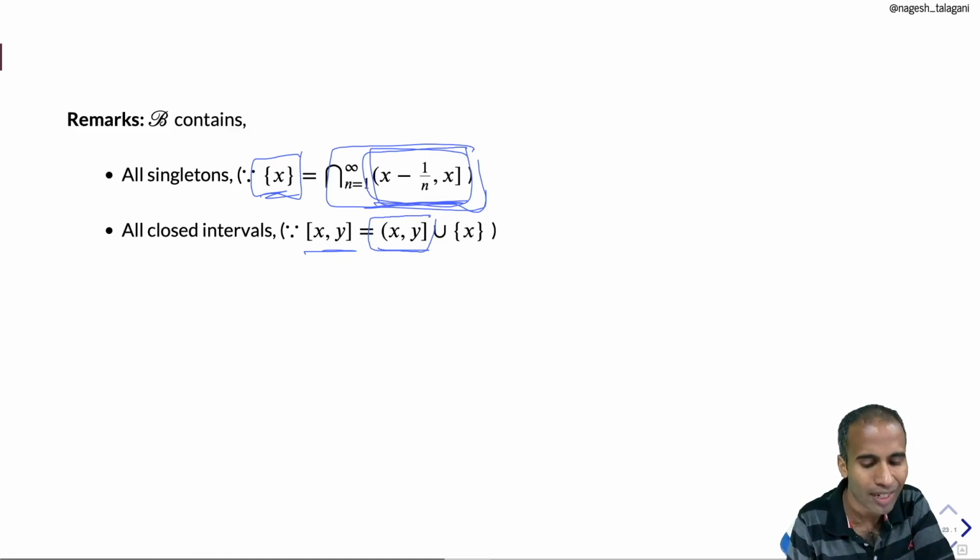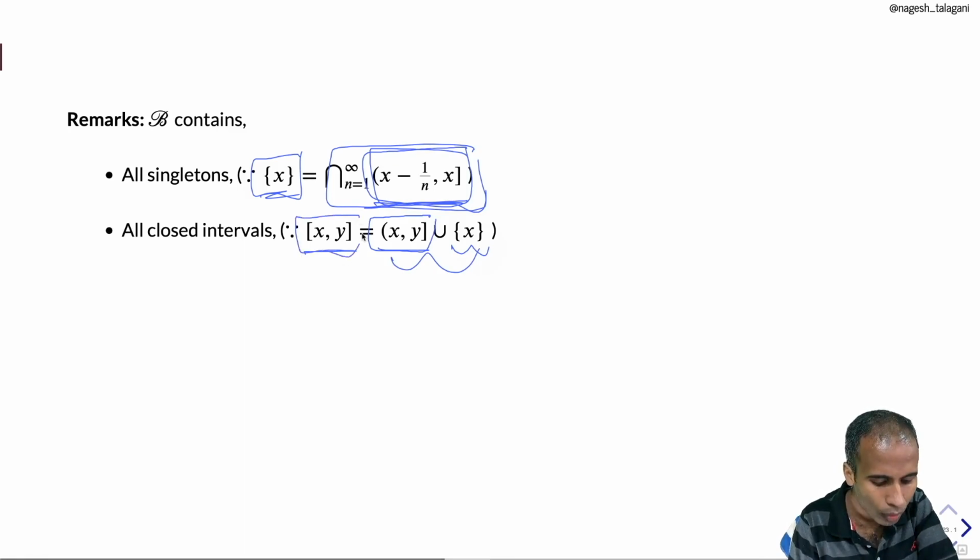And we just realized that singleton x is also a Borel set. A sigma field must also be closed under finite union, so this union must be in the Borel sigma field. That's why this closed interval must be in the Borel sigma field.